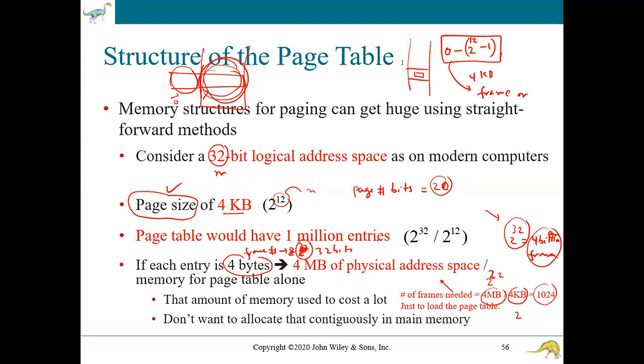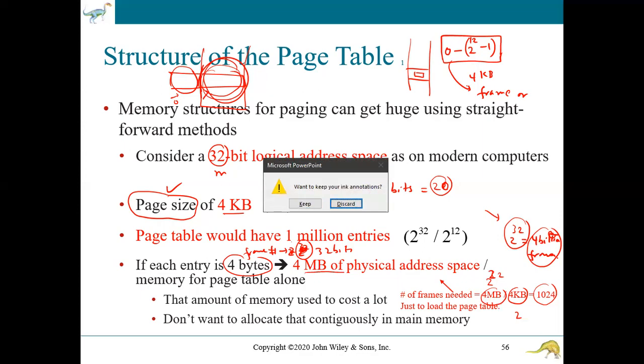Mega is 20. I had 4 mega, I wrote down 32, right? Isn't it a 4 megabyte physical address space? Is it correct? We'll have to look at it carefully.